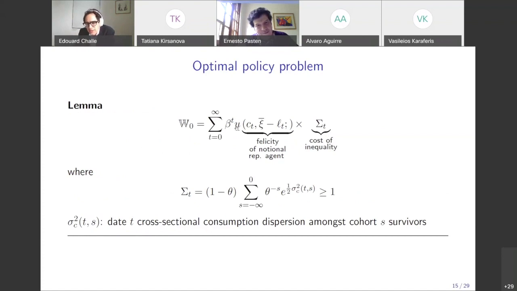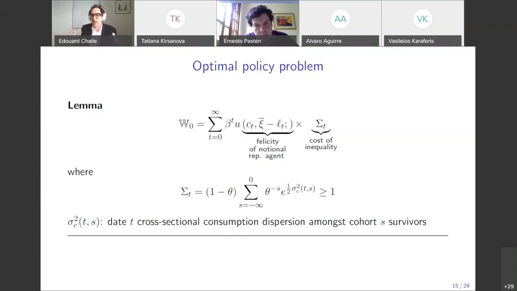One component is the utility functional. So this is still a sum of utility flows, but in the utility flows, what do you have? One component is the utility functional evaluated at average consumption and average leisure. So it's the felicity, the flow utility of the representative agent. And it's a notional flow utility because in the general case, there is agent heterogeneity.